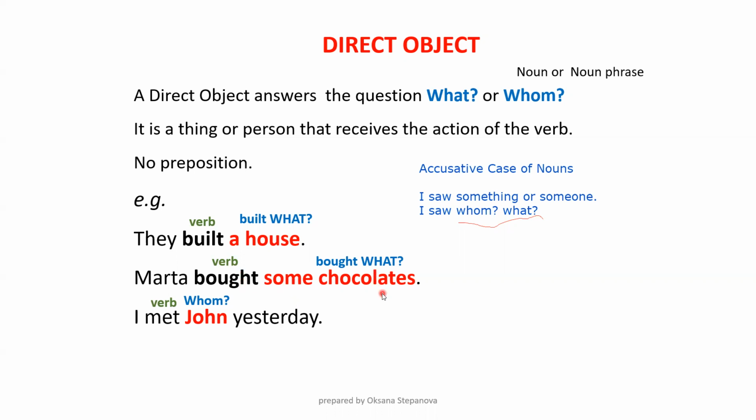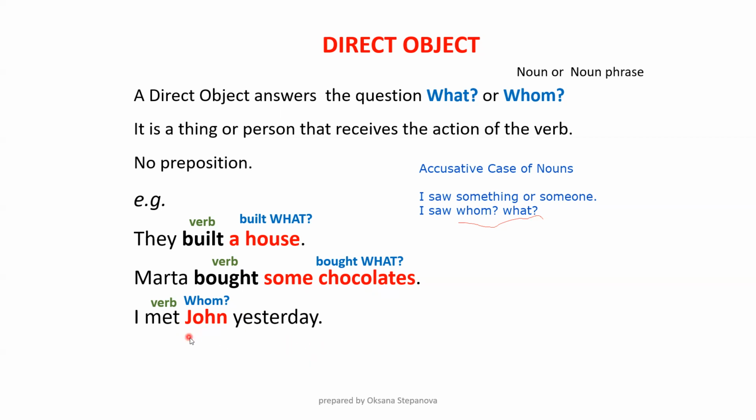Bought what? Bought chocolates. I met John yesterday. I met whom? I met John. There is no preposition. And the verb needs another noun or object to explain the situation in this sentence.